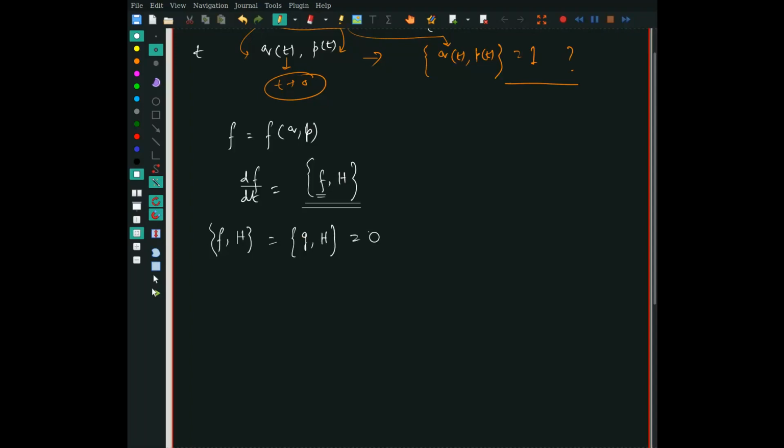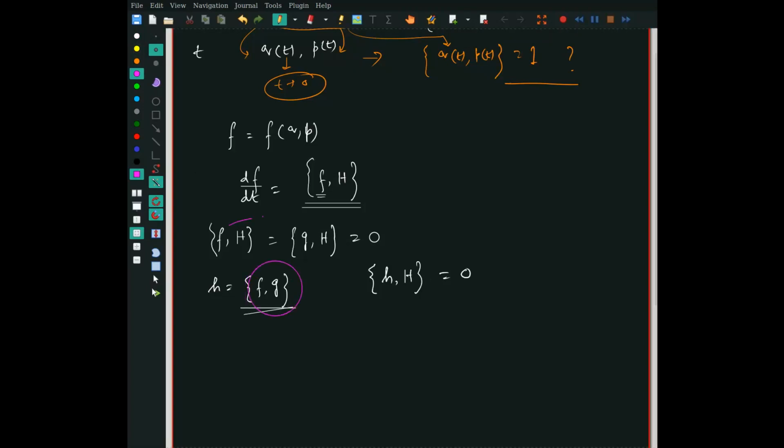And then you can check that if you define, let's say, small h, which is the Poisson bracket between f and g, okay, you can check that this Poisson bracket is also 0. So if f and g are conserved quantities, then f commutated with g is also a conserved quantity. So you kind of created a new conserved quantity here.